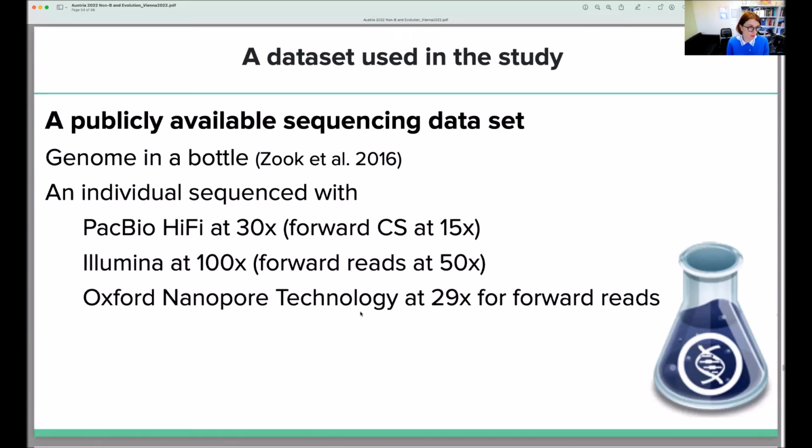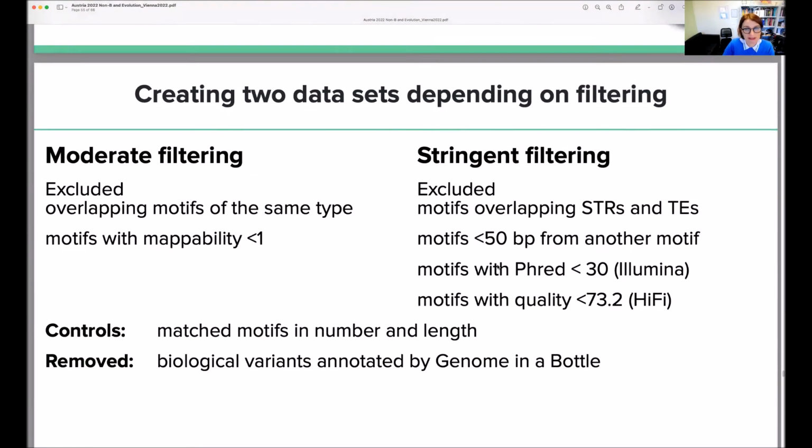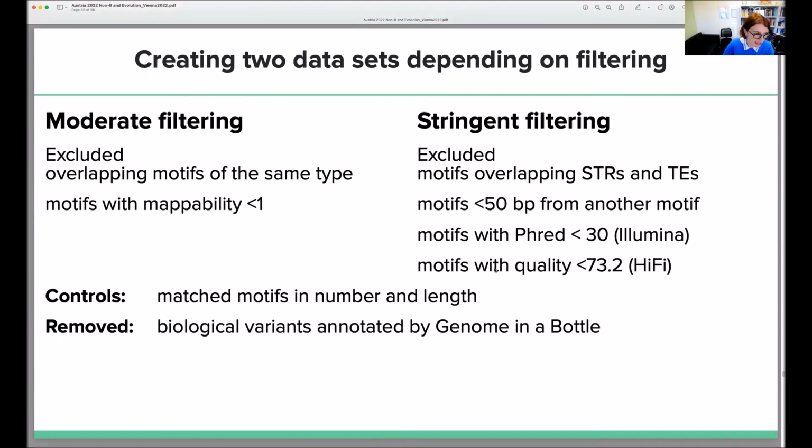And then we wanted to compare the error rates of the technologies at non-B DNA versus at controls. So we created two different data sets. The first one used moderate filtering. So it excluded overlapping motifs, non-B DNA of the same type, and also required high mappability.